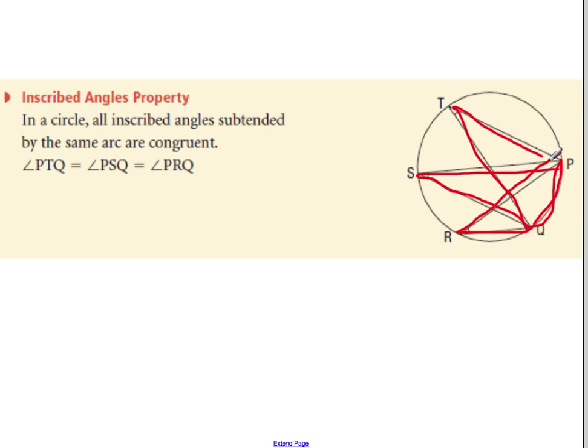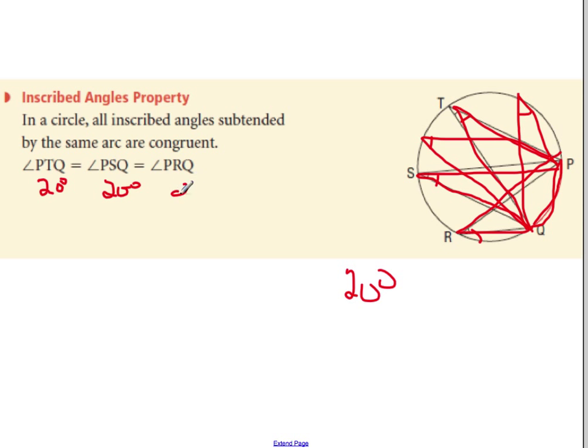Doesn't matter where I go, as long as I start at Q and end at P, all of these angles that are inscribed are the exact same. So if PTQ is 20, then this is 20, and this is 20. They're always congruent as long as you have the same minor arc.